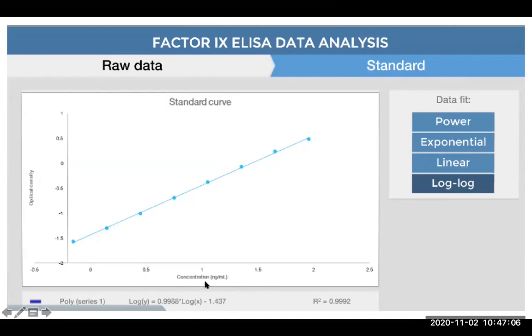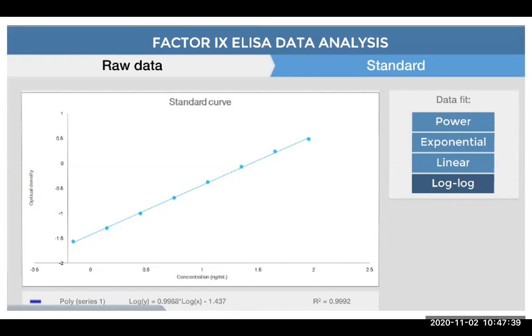And here's the formula for the line that's generated here. Log y, that's the y-axis, is equal to the slope, 0.998 in this case, times log x, which is the x-axis here, so that would be the concentration, minus 1.437.